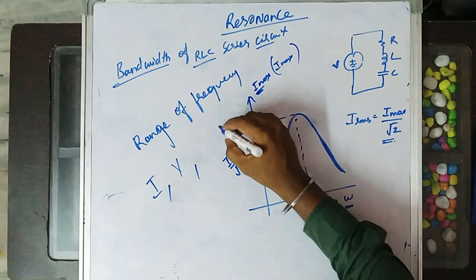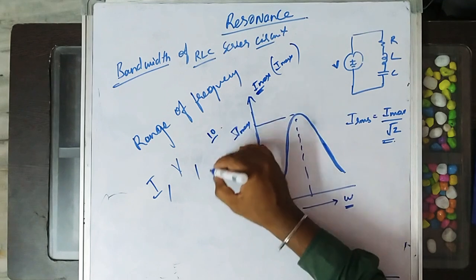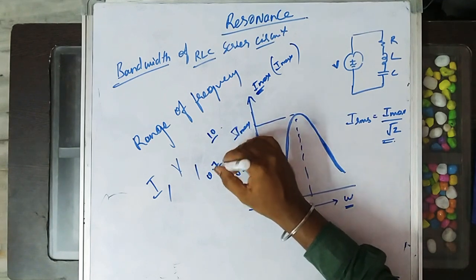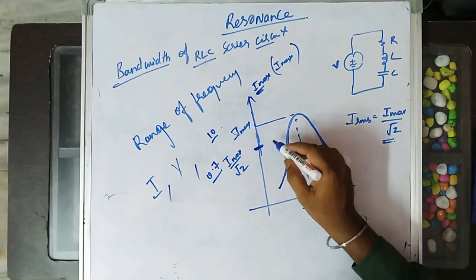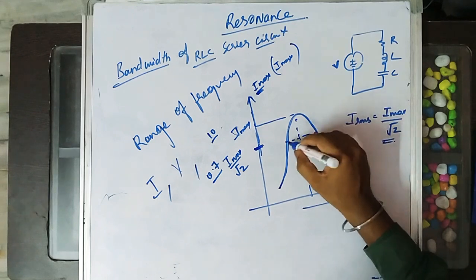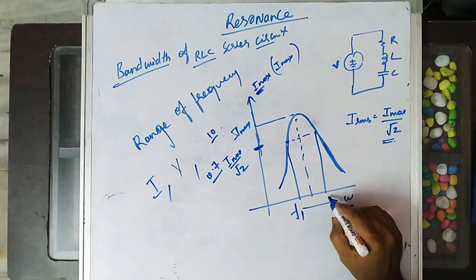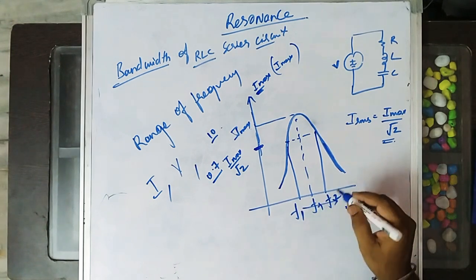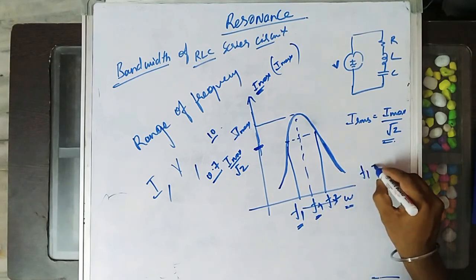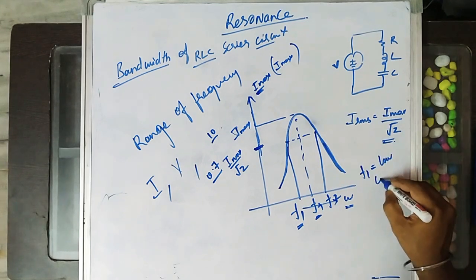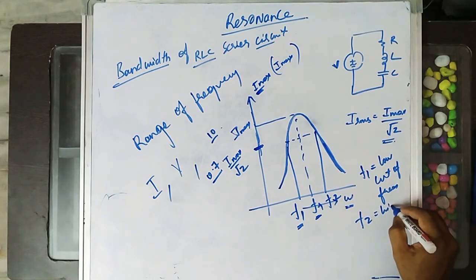Suppose Imax value is 10, then 70.71% of this maximum is about 7, so we select this value and place it here. We'll call these points F1 and F2, and this is FR. FR is the resonance frequency, F1 is the lower cutoff frequency, and F2 is the higher cutoff frequency.